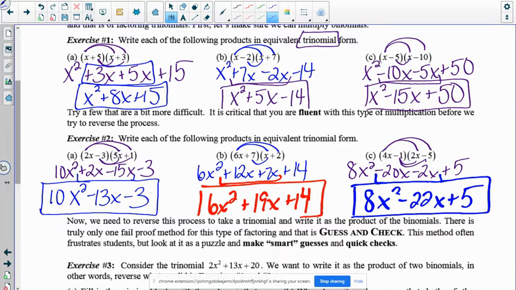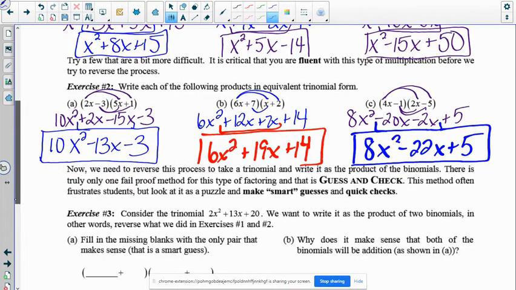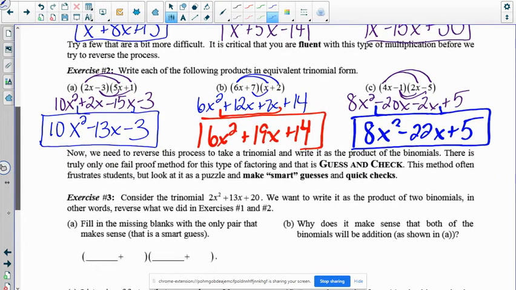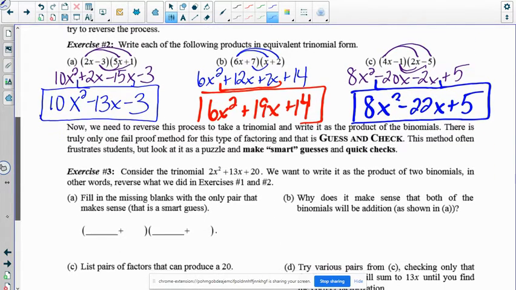So I'm going to give you the trinomial, the three terms, and you need to tell me what two binomials multiply together to be that. This is called factoring.